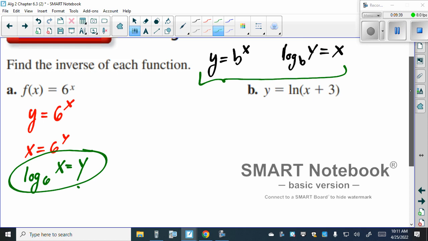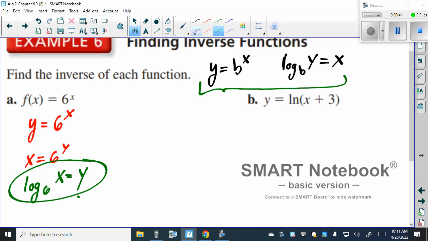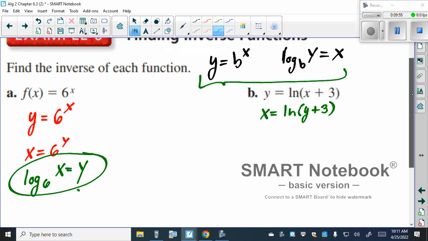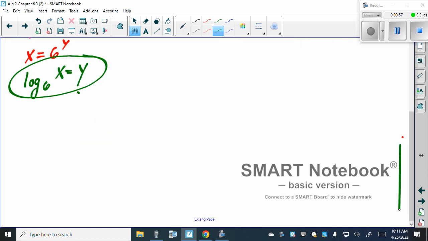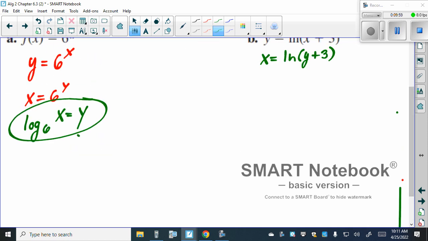So here, this next one, they were nice enough to already give us y equals. Y equals the natural log of x plus 3. Well, we can switch the x and y. X is equal to ln of y plus 3. Now for this one here, we need to rewrite it from logarithmic to exponential.